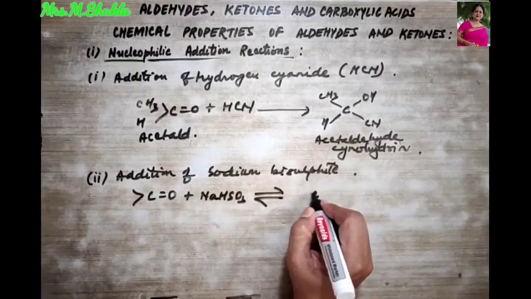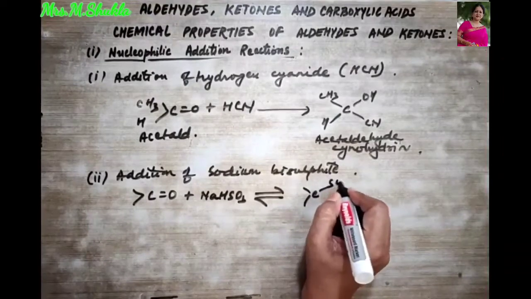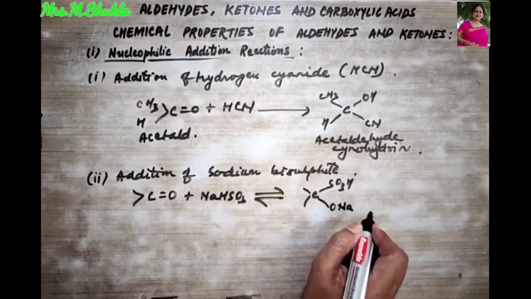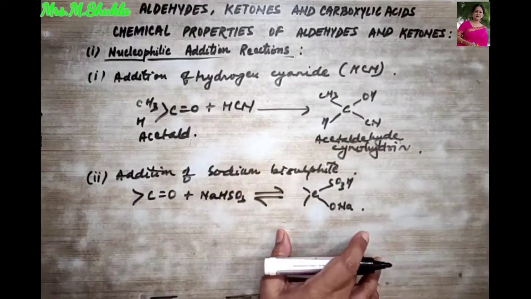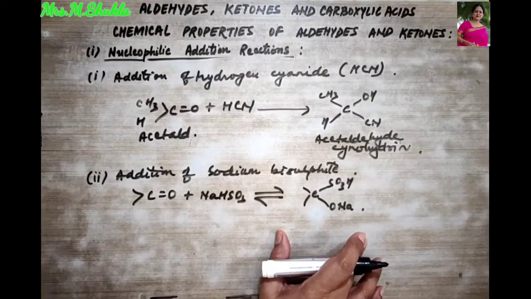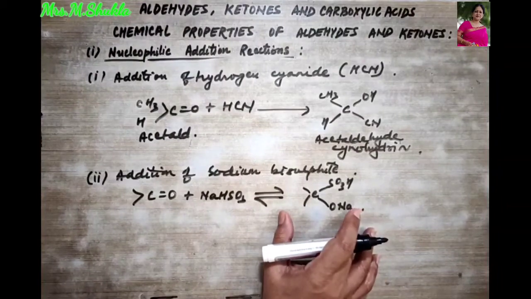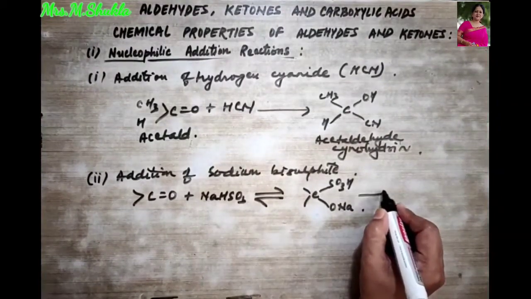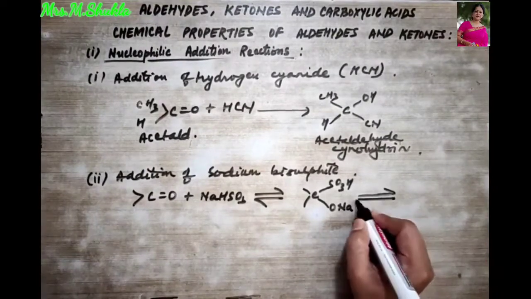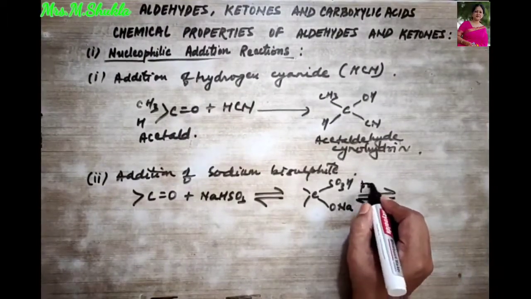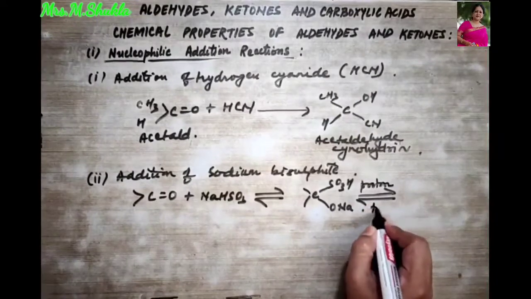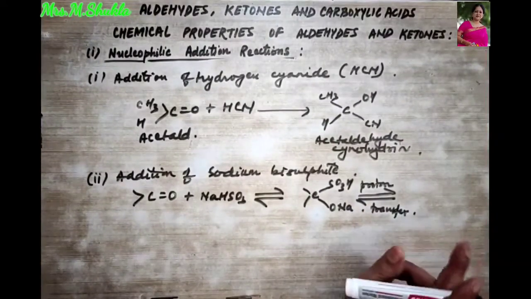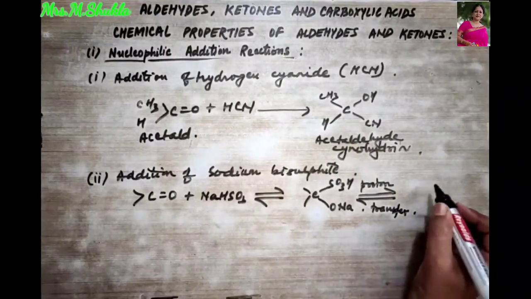They will give us SO3HONa, an intermediate, and then further proton transfer takes place, and we get a bisulfite addition compound.